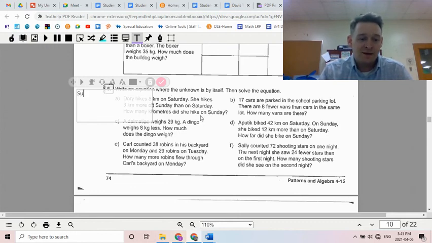I'm just going to use X for my unknown. And we know that she hikes 8 kilometers on Saturday. She hikes 3 kilometers more on Sunday than Saturday. So we are going to add the difference, find our answer, and X is going to equal 11.